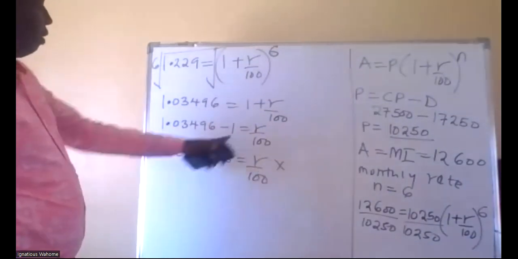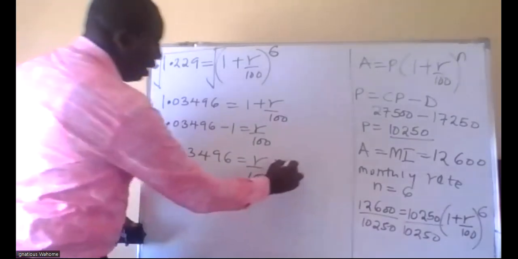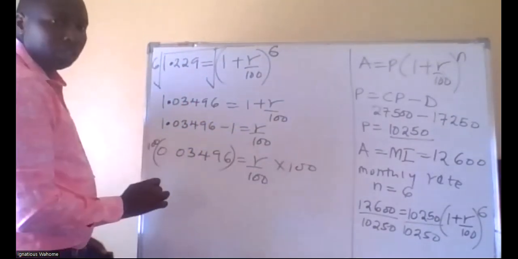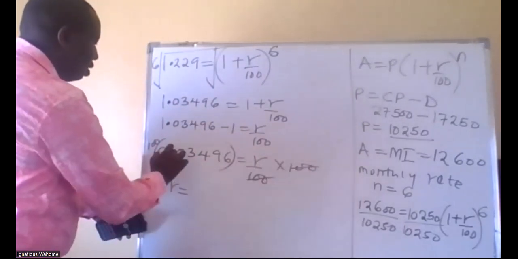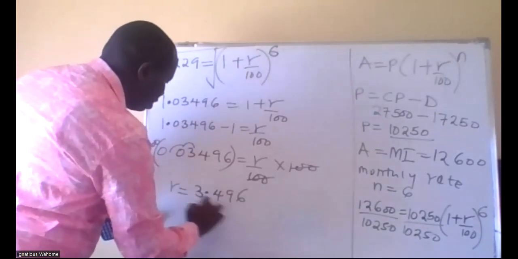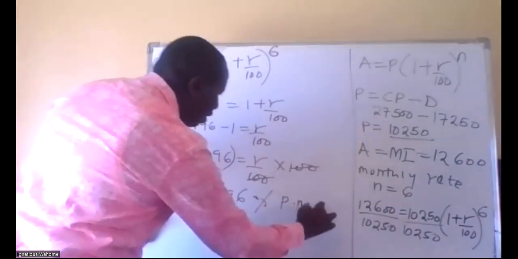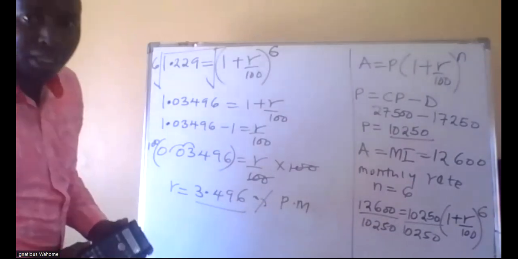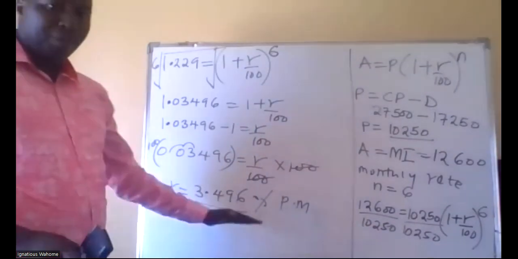Then multiply both sides by 100. So this cancels this. You get that your R is 3.496%. That is the rate per month. So that's how we find the monthly rate.